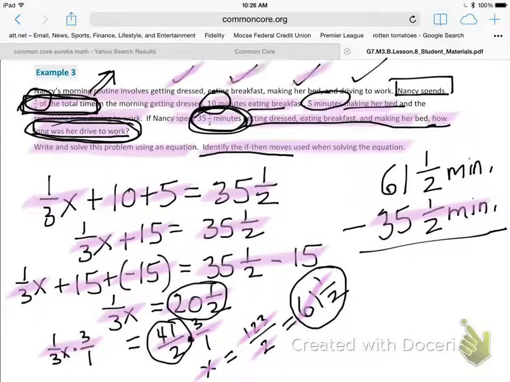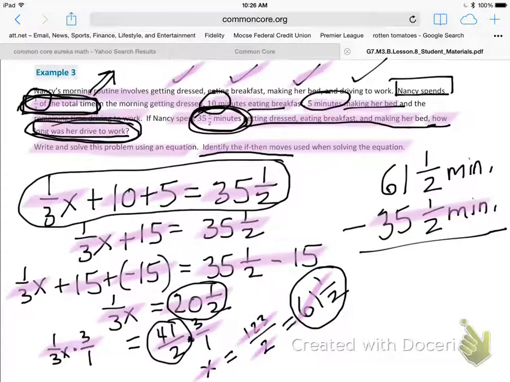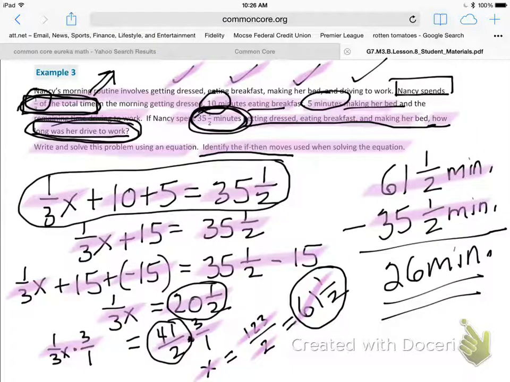The whole thing, which we figured out by making this wonderful equation here, I hope you're as excited as I am, was 61.5. So all we need to do now is take the whole, subtract away those first 3, and we will come up with a nice number of 26 minutes. So her drive is 26 minutes, and that is actually the answer to the question.